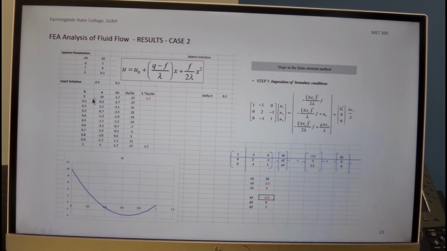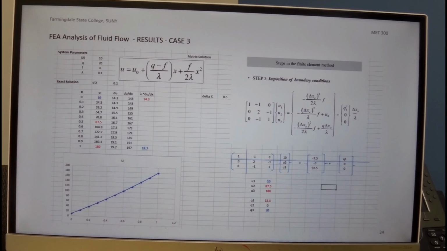And again, this is because we discretize both the exact solution in order to see the effect over here, and this is the finite element representation of the derivative. And finally, when we change it once again, we get a different type of solution, but still the numbers are the same, much larger. At U2, the value is 87.5, both exact and with finite element. U3 is 180, and the value of the derivative at node 1, which was unknown, is 14.3 versus 15.5.